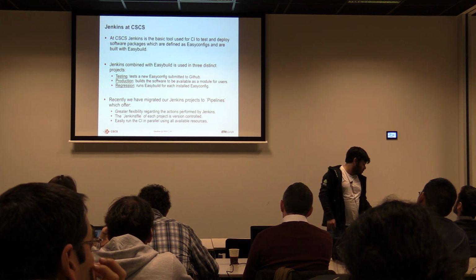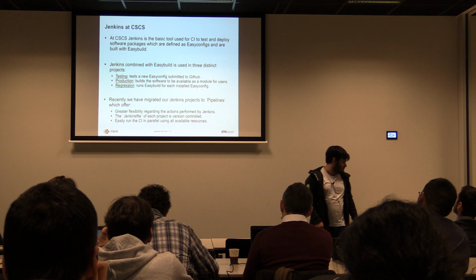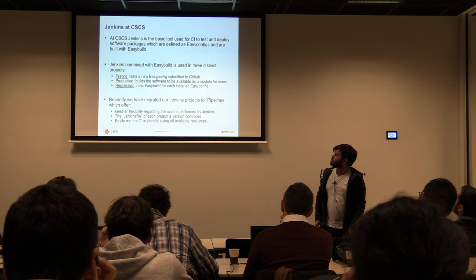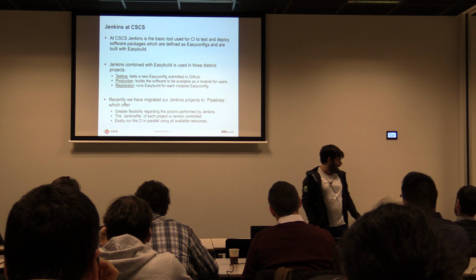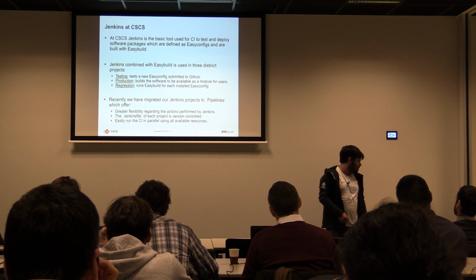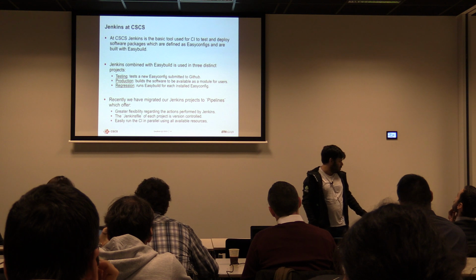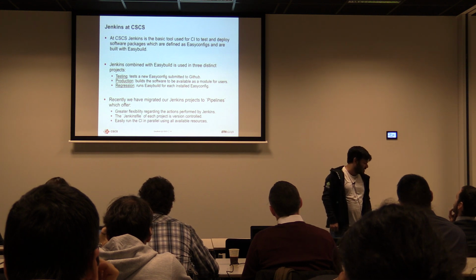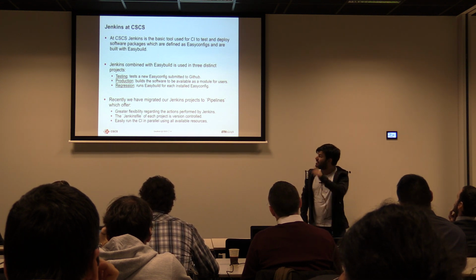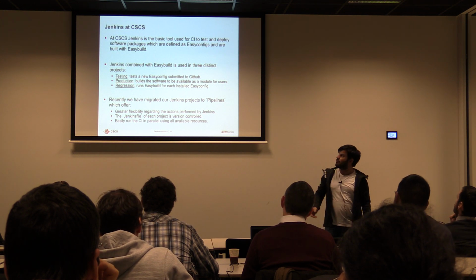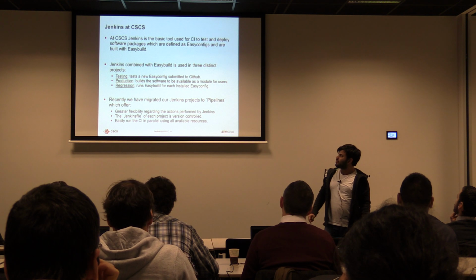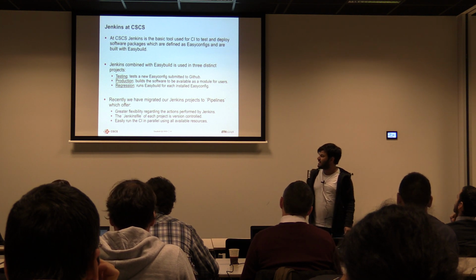And my job actually was to migrate, as I said before, the Jenkins projects to use pipelines, which are a much better alternative. So they provide greater flexibility regarding the actions performed by Jenkins. Through pipelines, you have access to the Jenkins API directly.